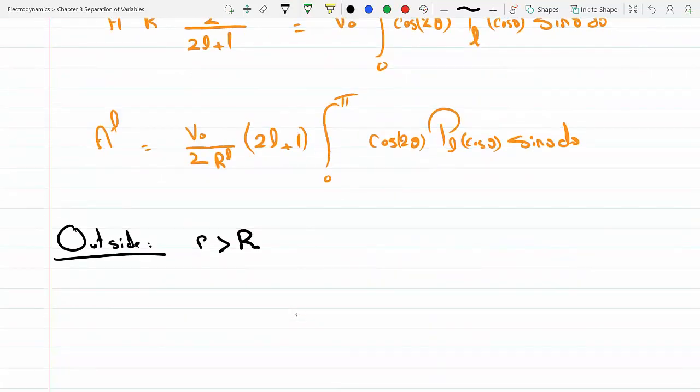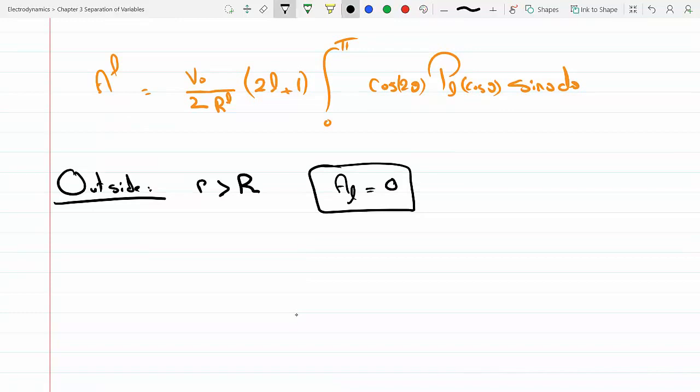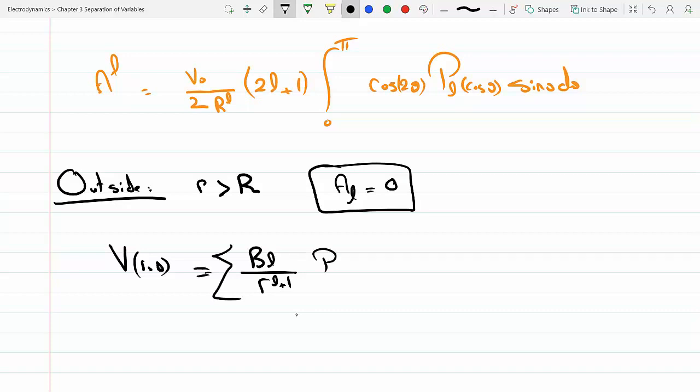So here A_L has to equal 0. Then my V(r, theta) becomes the second part of the equation, just B_L over r^(L+1) times P_L of cosine theta.